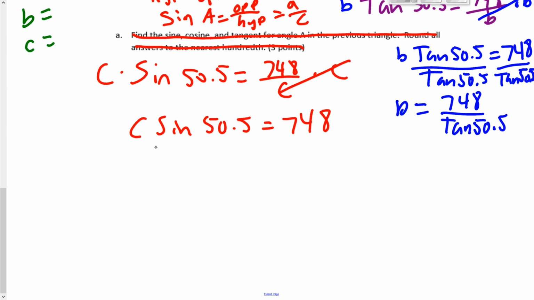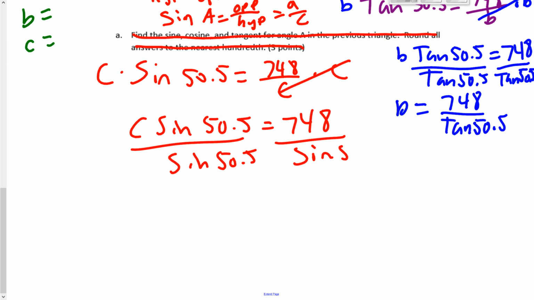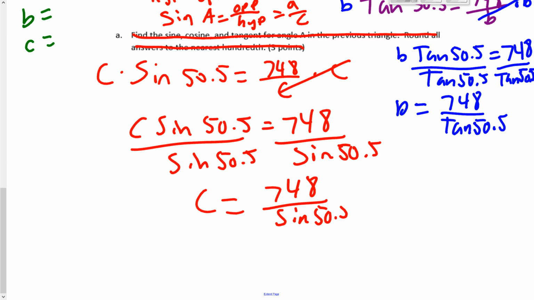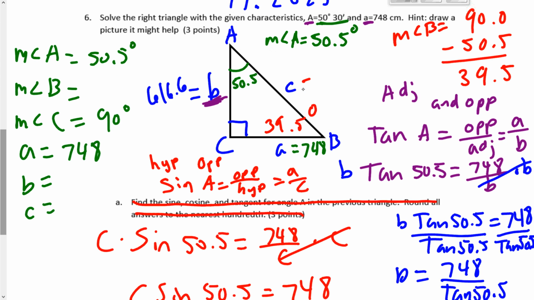So now we're going to have to divide by sine of 50.5, and so C is equal to 748 over sine of 50.5. So we get C is equal to 969.4. So we can go ahead and label all those, 969.4 and 616.6.